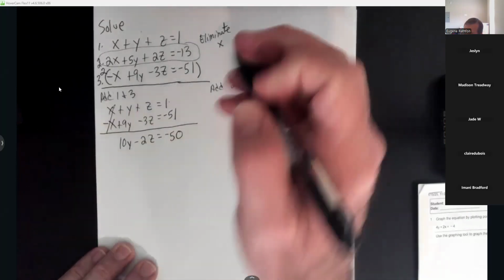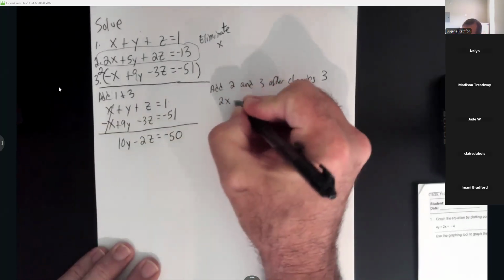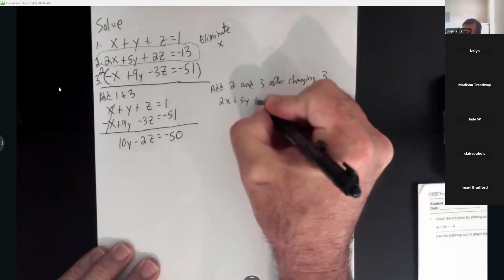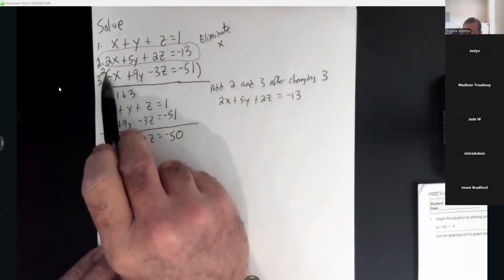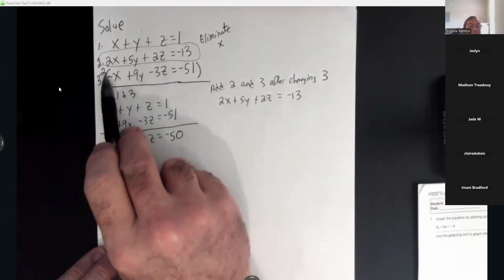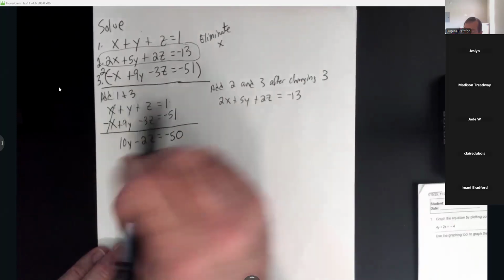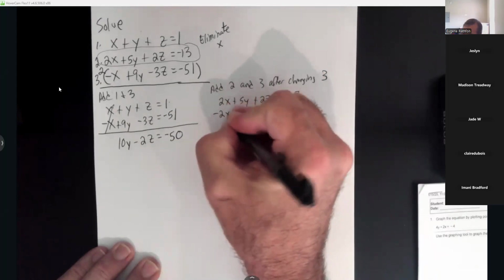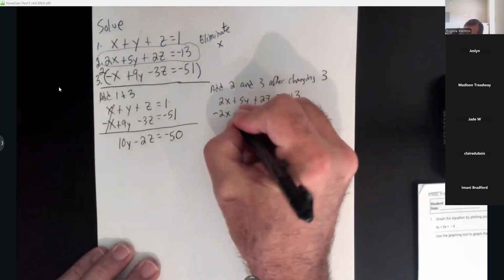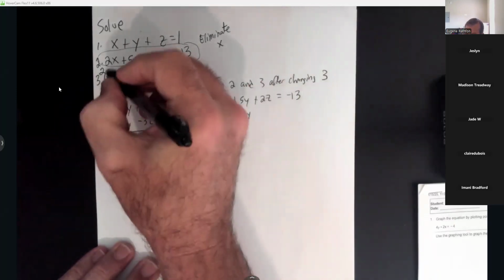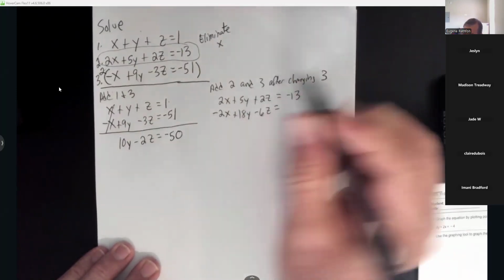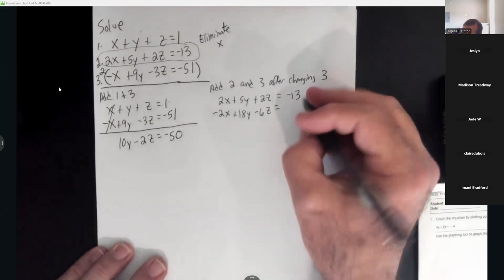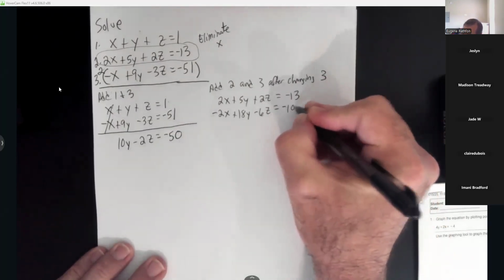So I'm not changing 2, so that's going to stay 2x plus 5y plus 2z equals negative 13. Now, this row 3, I'm going to multiply by 2, so I get negative 2x. 2 times 9 is 18y. 2 times negative 3 is negative 6z. 2 times negative 51 is a negative 102.